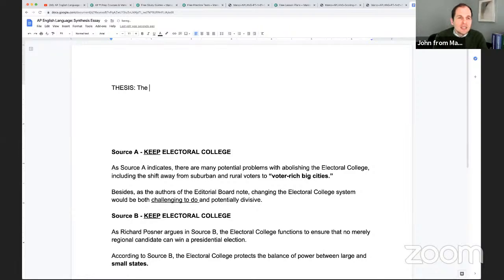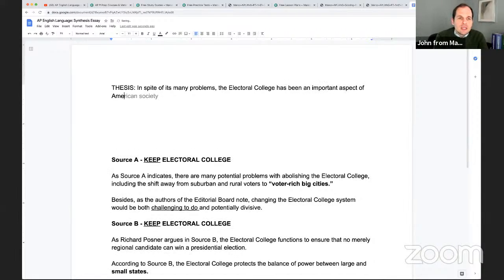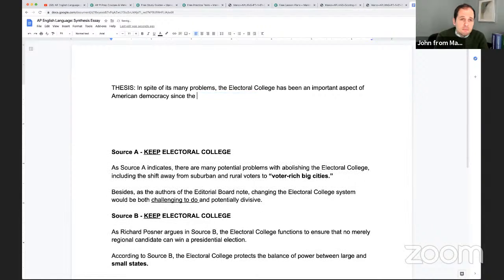So I'm going to say, in spite of many problems, the Electoral College has been an important aspect of American democracy since the founding of our country, since the ratification of the Constitution.